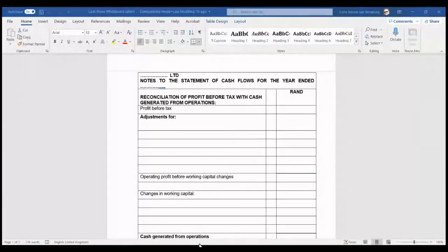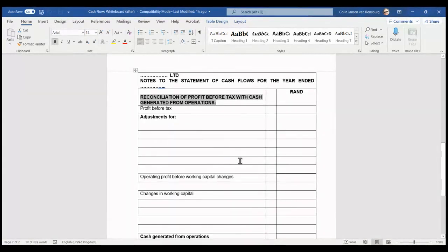So now let's go to the note, ladies and gentlemen. This is quite interesting. We've got the layout there. We're going to type in a few things. What we see here, the subheading of this note, is reconciliation of profit before tax with cash generated from operations.